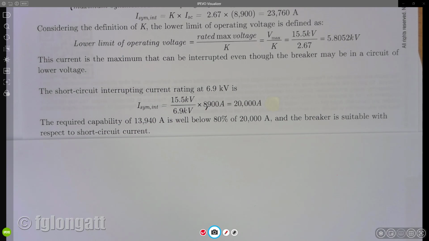And finally, we used ANSI C37.010 in order to estimate and verify if we can use a circuit breaker whose nominal voltage class is 14.4 kilovolts.